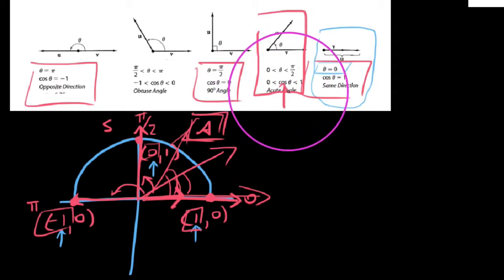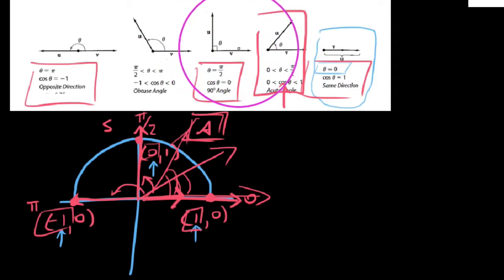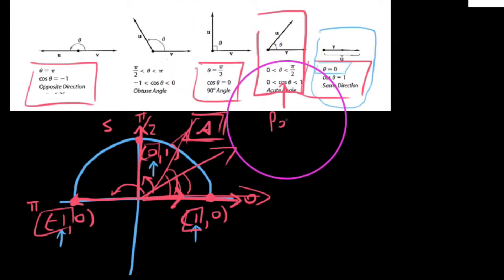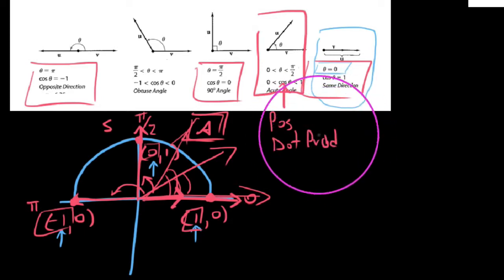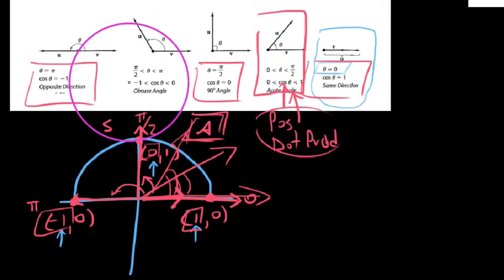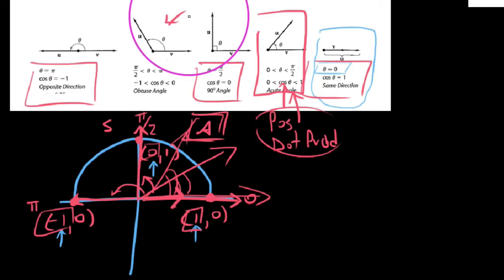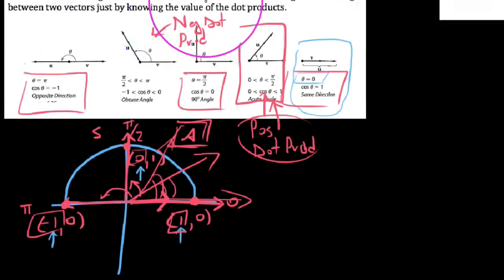Since the dot product and the cosine have the same sign, saying the cosine is between 0 and 1 is like saying the dot product is positive. So a positive dot product means an acute angle. We say positive dot product if the angle between them is acute. If the angle between them is obtuse, a negative dot product is in order.